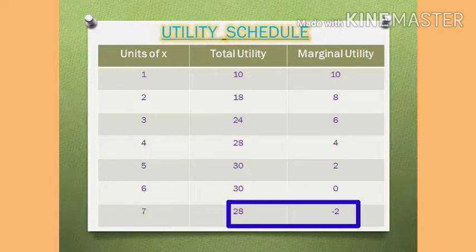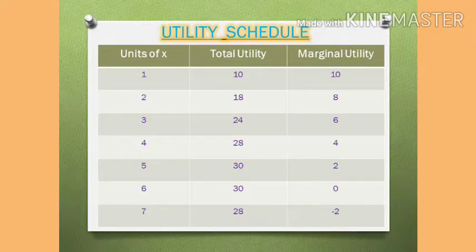Fifth, after reaching the point of satiety, a rational consumer should stop his consumption, since the maximum limit of satisfaction is reached and there is no addition to total utility by any further increase in the stock of a commodity.